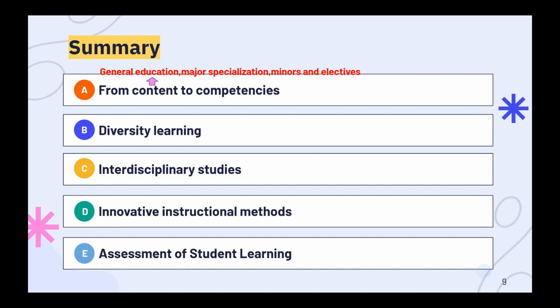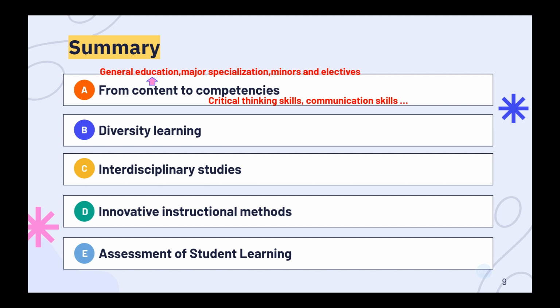The list of proficiencies identified by colleges and universities includes critical thinking and problem solving skills, communication skills, technology and information literacy, and so on. Diversity learning is a high priority, including multicultural and intercultural understanding.